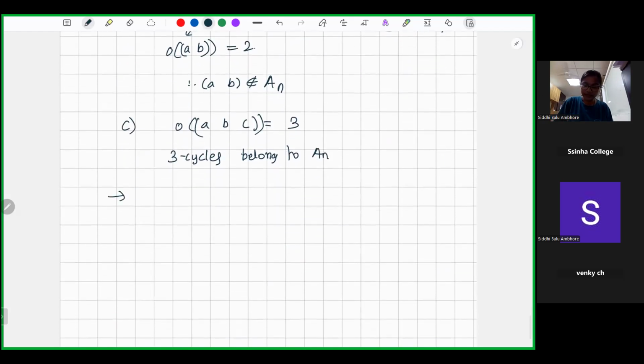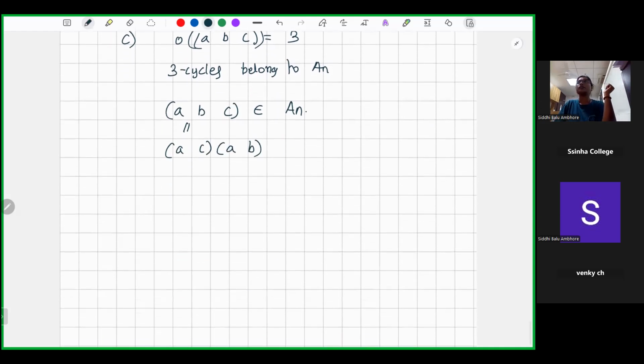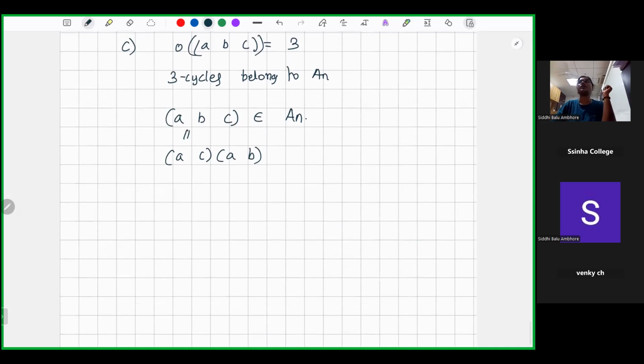So how to prove this? Any guesses here? (a b c) anyway belongs to An, as it is the product of (a c) and (a b), right? So what about other permutations?